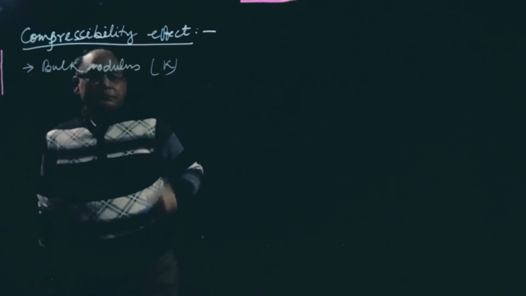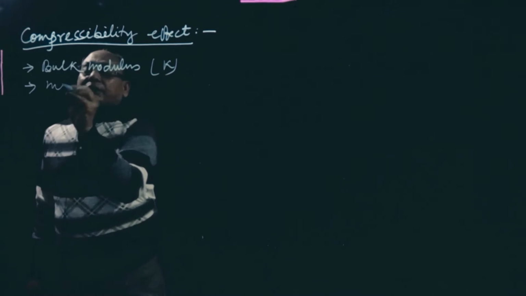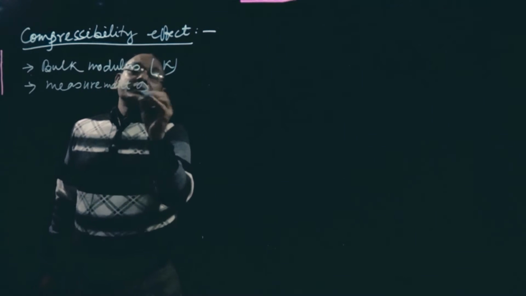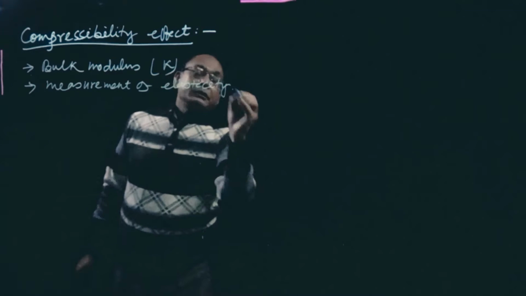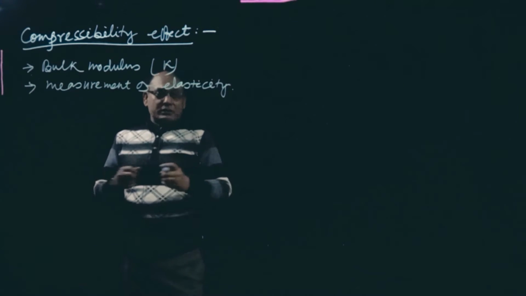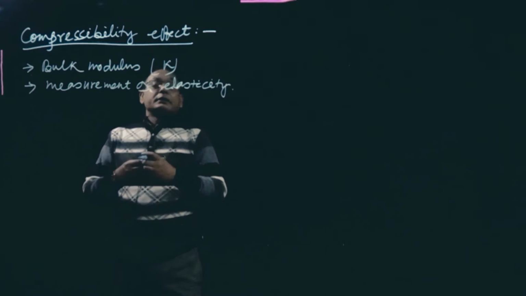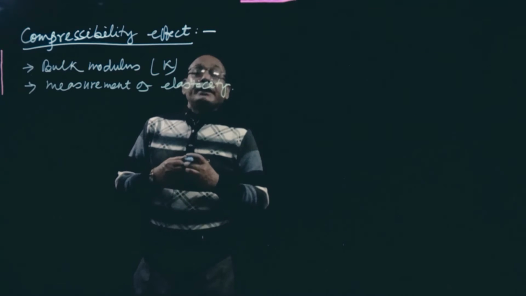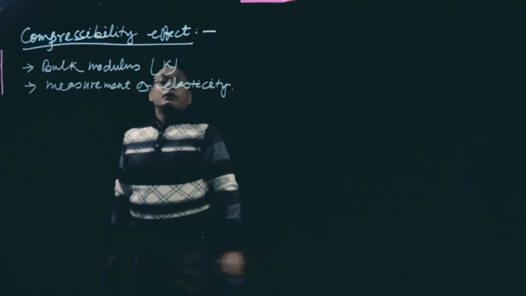Bulk modulus K is the measurement of elasticity. Elasticity, you know, if you apply the force, then it will elongate and go for deformation up to the elastic limit, and if you remove the force, it will come back to the original position.